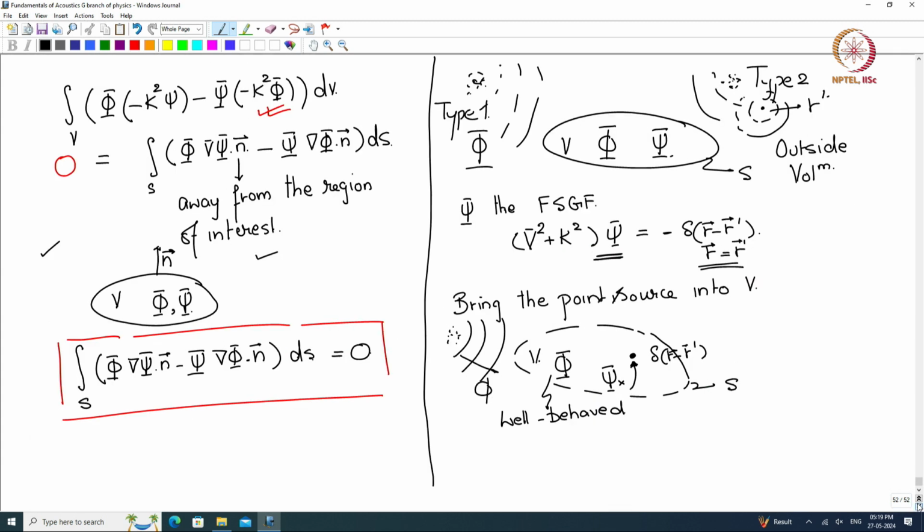Okay, so we have this situation. What we are going to do now is get back to our Green's identity. We have no other recourse. Right now Green's identity is being violated by psi.